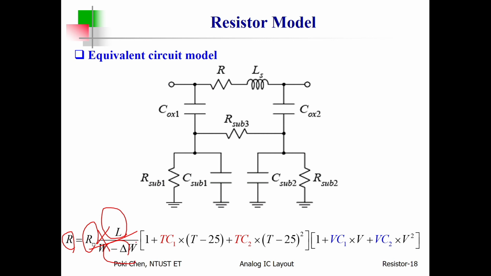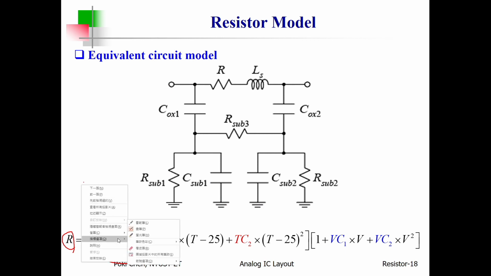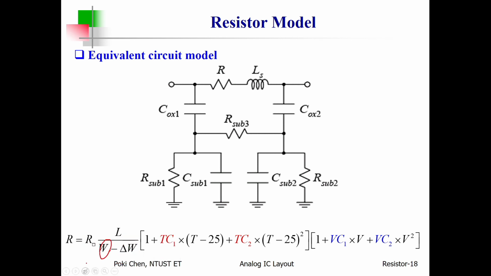But according to side etching, the effective width actually is the width you draw minus side etching. W is the width you draw, but according to side diffusion, you will get such a delta W. You need to subtract it to get the final effective width.